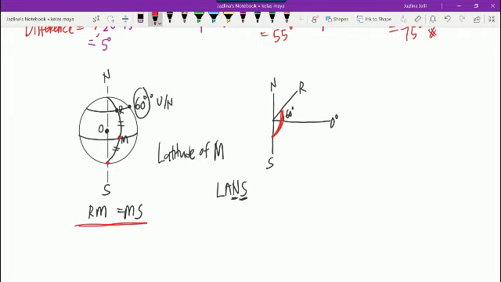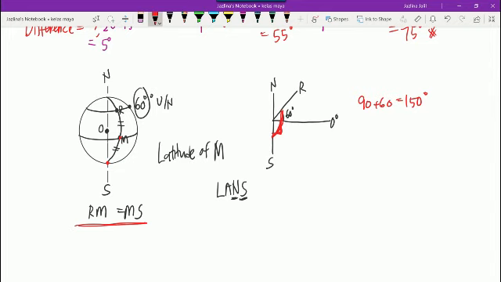So what is the angle here from 0 degree to S? Yeah, it will be 90. 90 plus 60, it will be equals to 150 degree. Okay, so the total will be 150 degree.